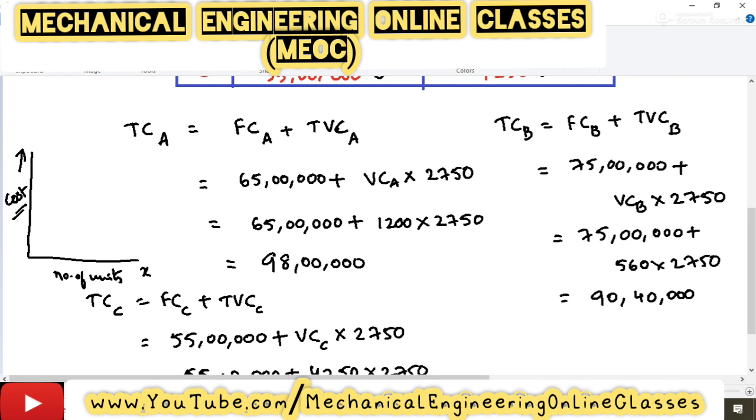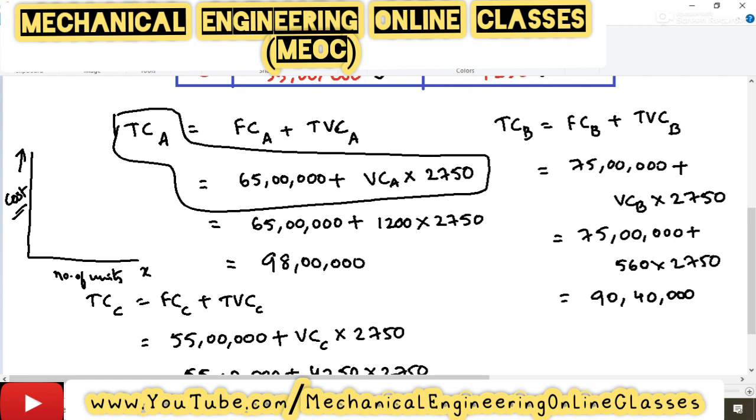So if you observe this particular equation, this is in the form of y is equal to mx plus c. C is a constant which is fixed cost, m is the variable cost, and x is the number of units that are produced. So this may vary.